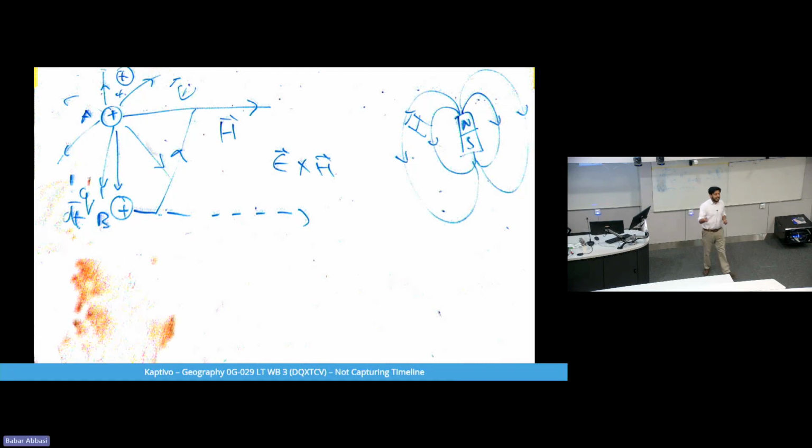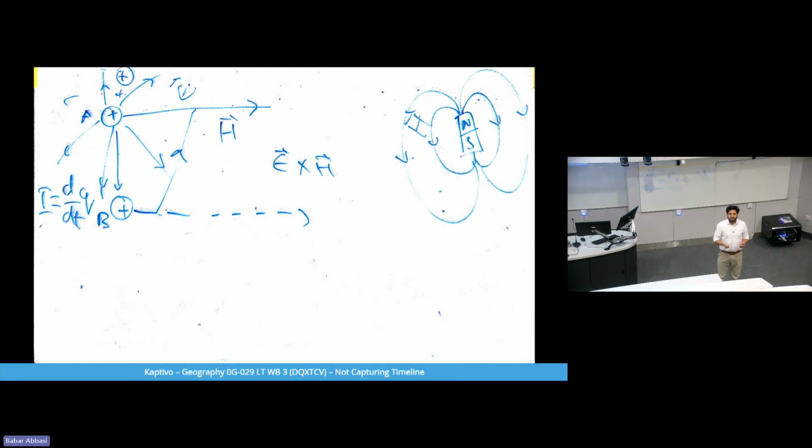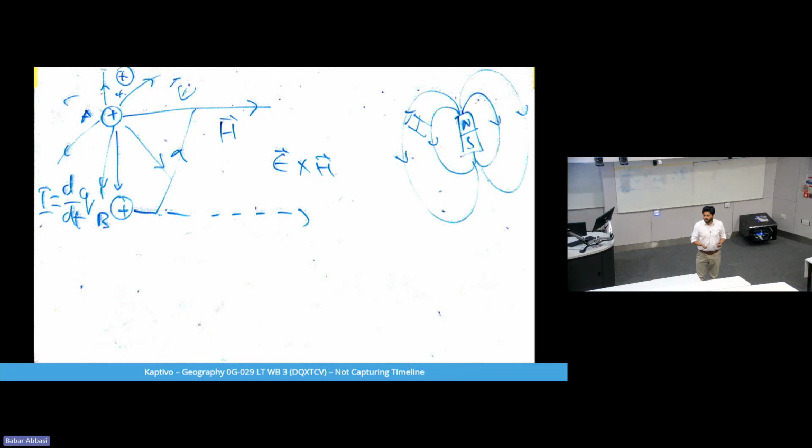Okay, let me help you. Can I do it using a simple battery? What does a battery do? From the positive terminal, it pushes away some of the charges. From the negative terminal, it pulls some of the charges. So there's a movement of charges happening, right?